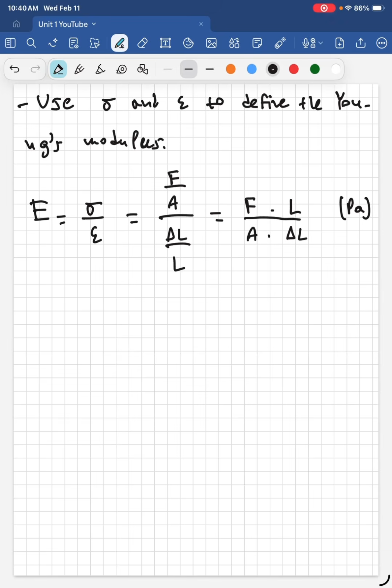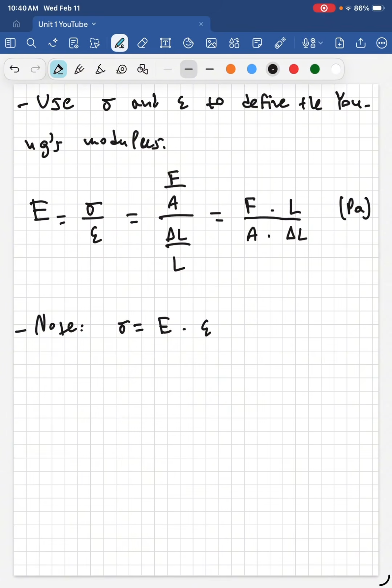Before I write the next thing, I want to write that note. Sigma is given by the Young's modulus times the strain. So when you plot stress and strain graphs, the gradient is the Young's modulus, but only in the linear region.